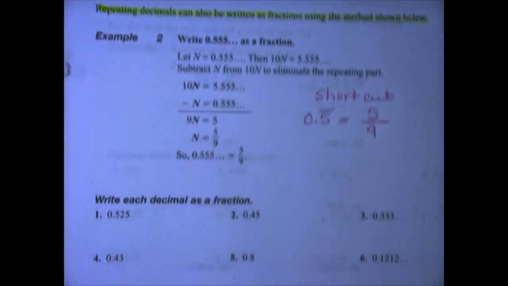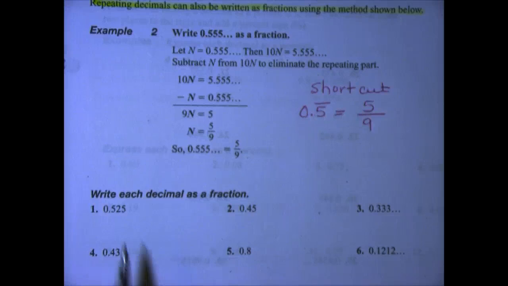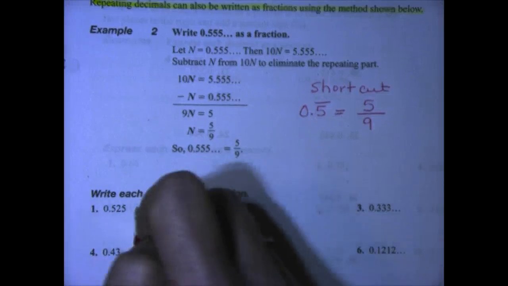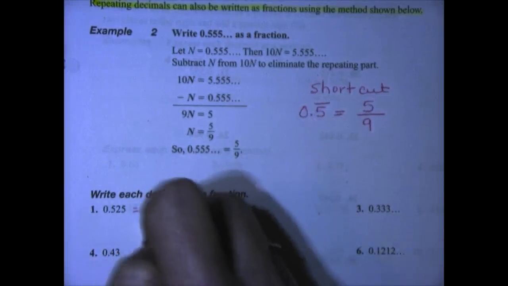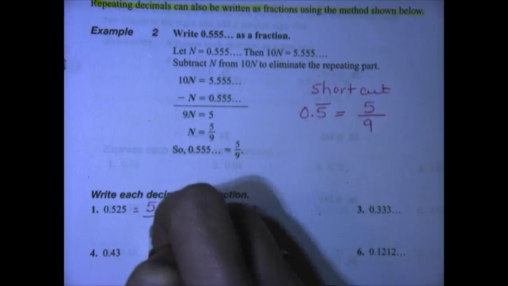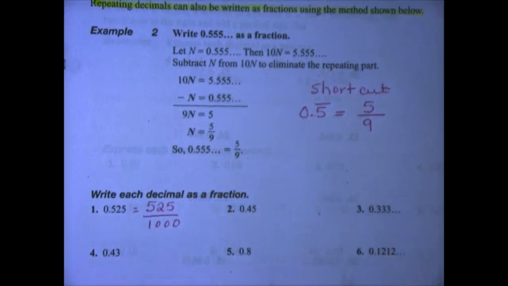So let's look down at the bottom. Number 1 says 525 thousandths. Remember, if you read it correctly, it becomes real simple to write it as a fraction. So we're going to write 525 over 1000, and then we'll simplify it.